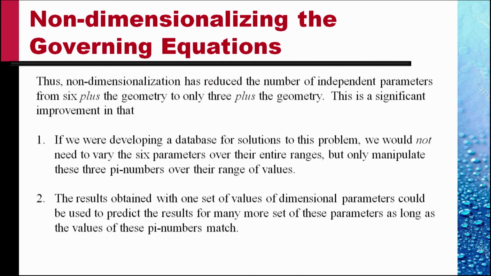Another significance, the result obtained with one set of values of dimensional parameters could be used to predict the results of many more sets of these parameters, as long as the values of these pi numbers match.